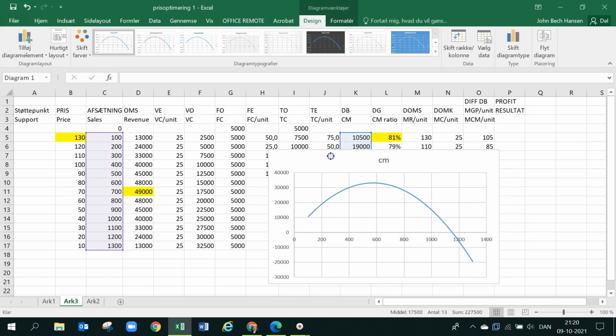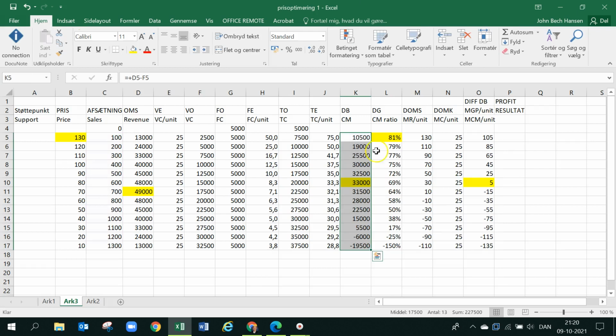So this is the total diagram showing the total contribution margin. But sometimes we are asked to get a more specific way of showing it, and we can do that in a unit diagram where we are showing the values, the prices per unit.